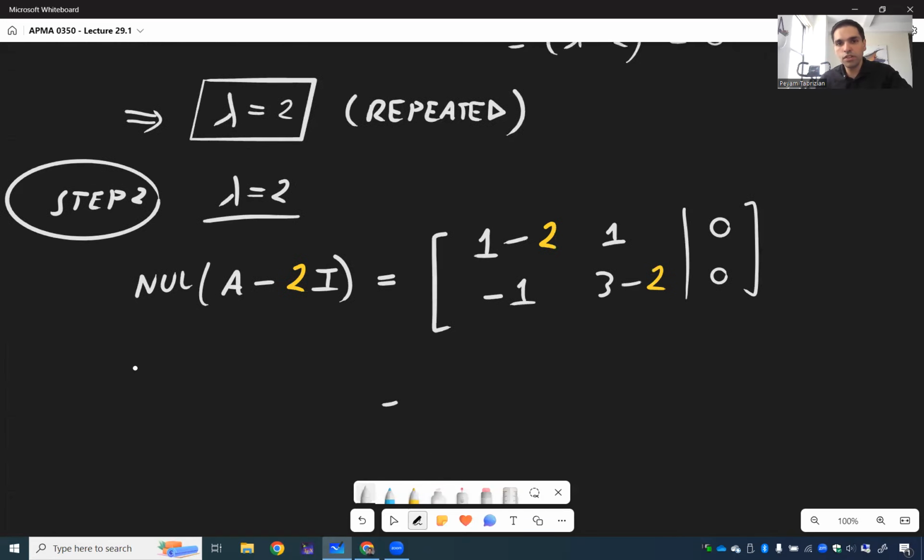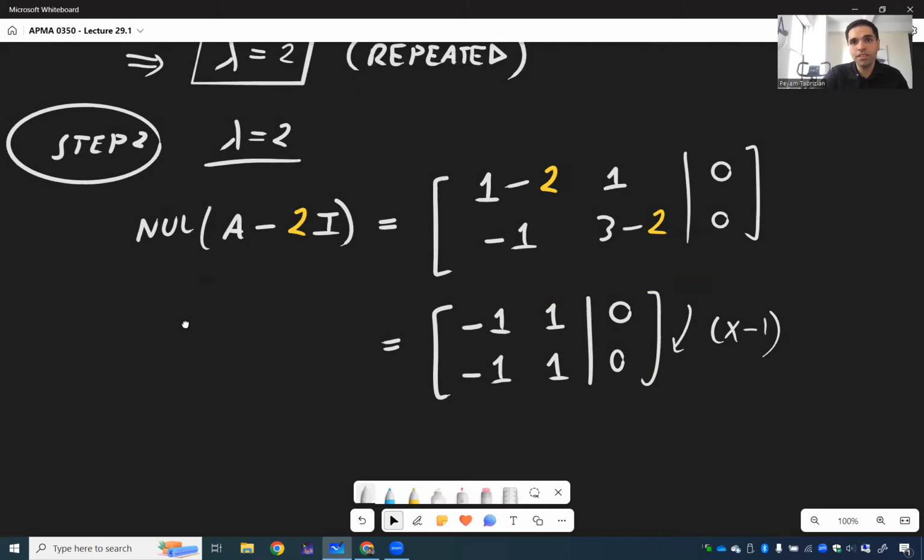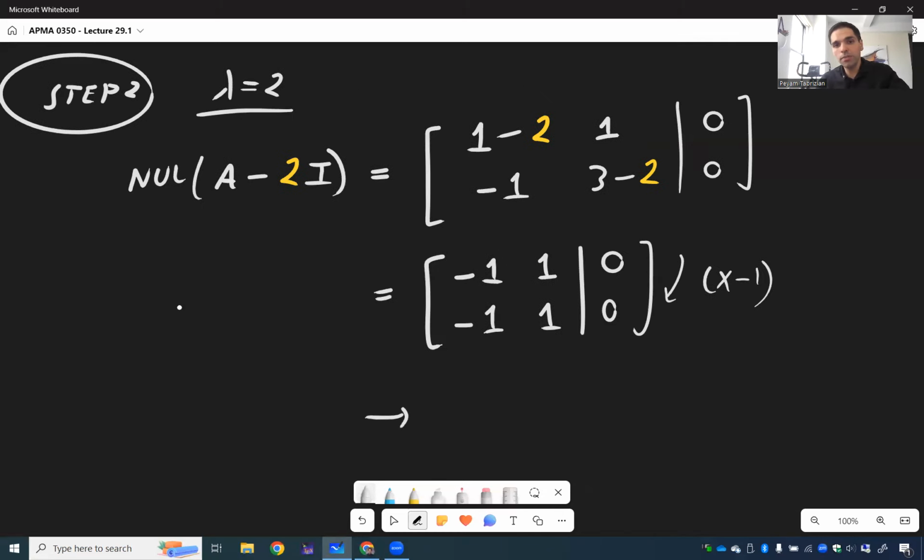And this gives you minus 1, 1, 0, minus 1, 1, 0, which is very nice because you can just subtract the first row from the second one, and you end up getting minus 1, 1, 0, and a whole row of zeros.